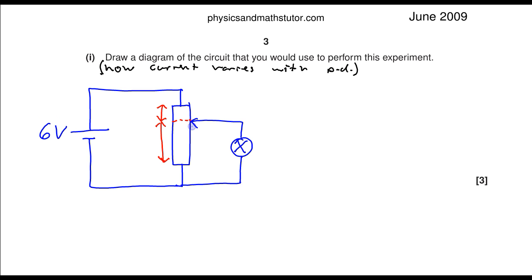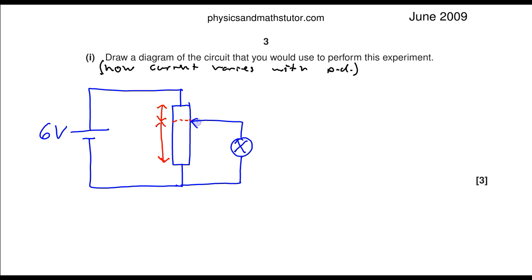So at this moment this part is longer, so it has a higher resistance and will get more PD out of this battery, and this will get less. But as we move this contact, if we put it halfway, then the split would be 3 volts and 3 volts.